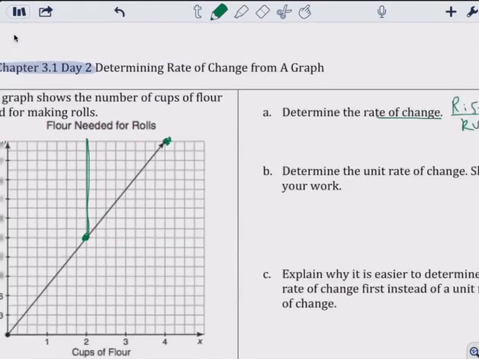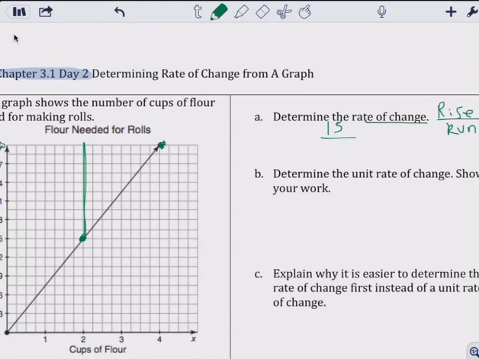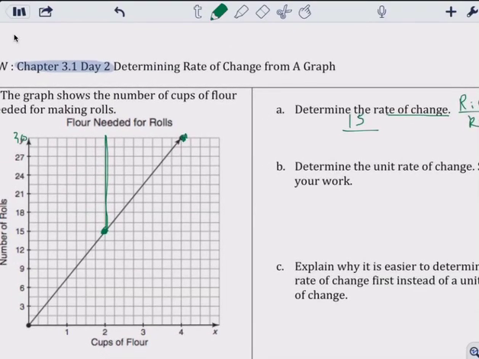So rise 15 and run from 2 to 4, so it runs 2, run over 2. So your rise over run is 15 over 2.